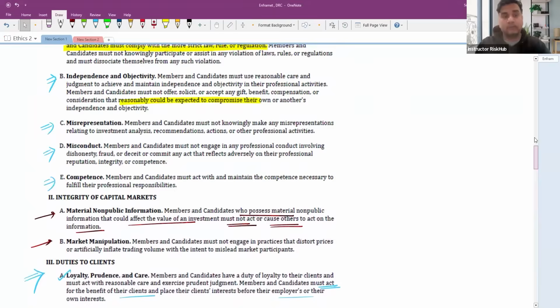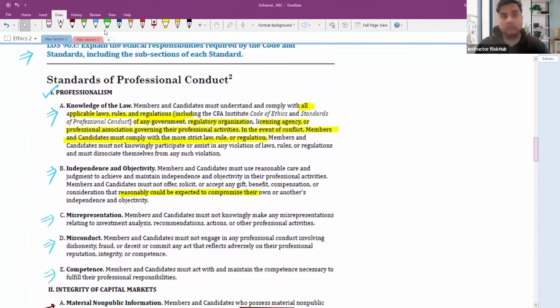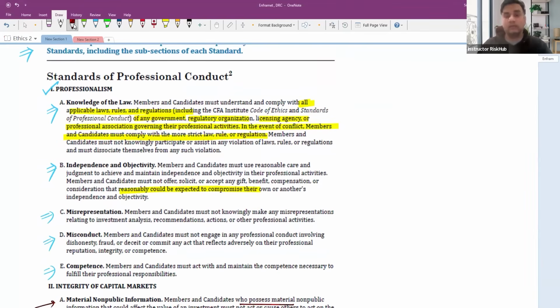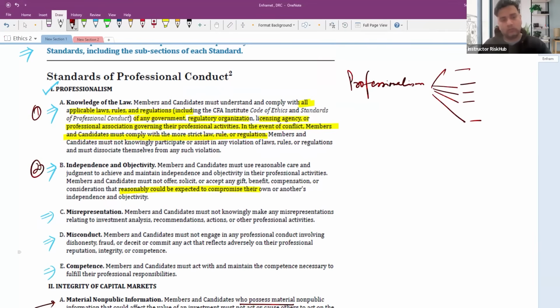Maybe I'm repeating again, but you must understand that if it is professionalism, that has 5 parts: 1, 2, 3, 4, 5. And they might ask you something in between also, because this might have subparts.